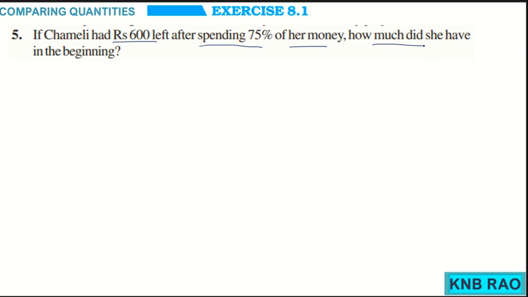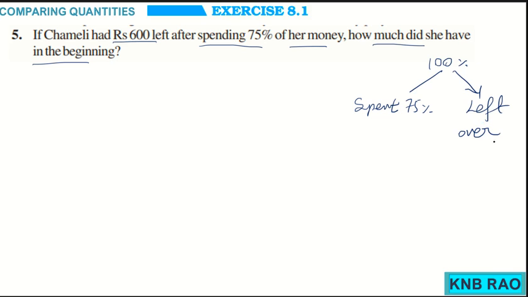How much did she have in the beginning? Now, before spending anything, she must have had 100%. In that, she spent 75%. That means she is left with 100 minus 75, left with 25%.